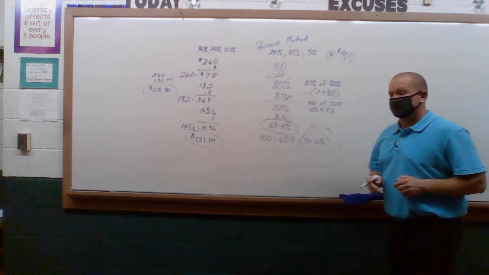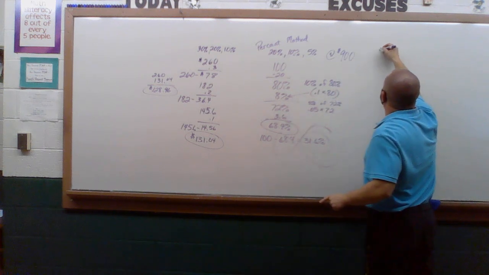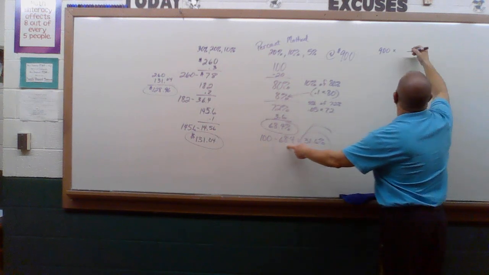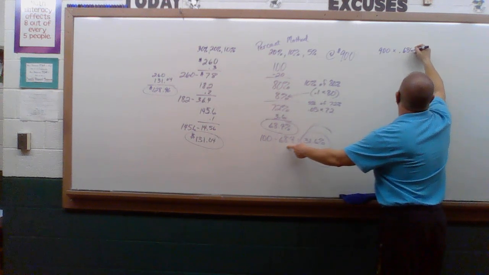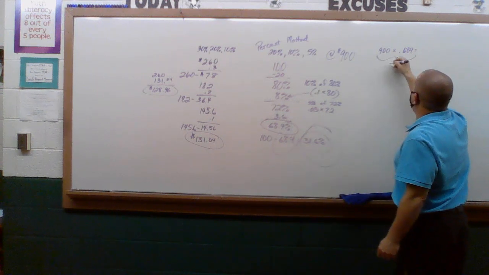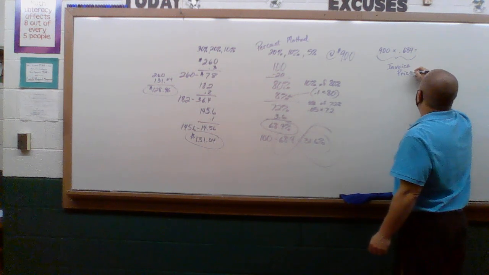So here's my list price. I'm going to take my $900 times 0.684, and if I punch this into my calculator, this should give me my invoice price.